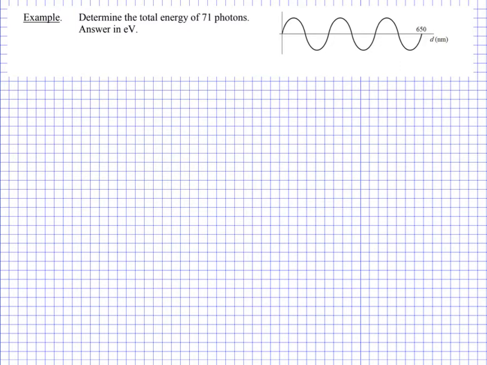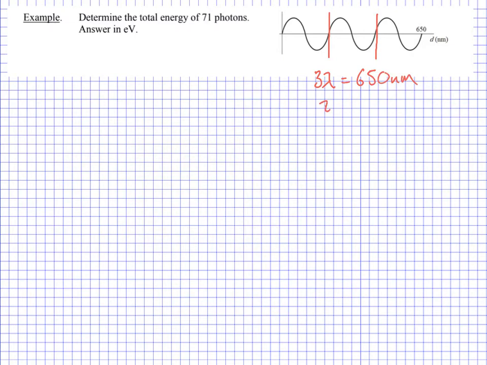So let's take a look at what this representation of the waves gives us. Hopefully you can remember that a wave is a full oscillation or a full period. So I'm going to break this into 1, 2, 3 waves. So this is 3 lambda, and the length of that is 650 nanometers.